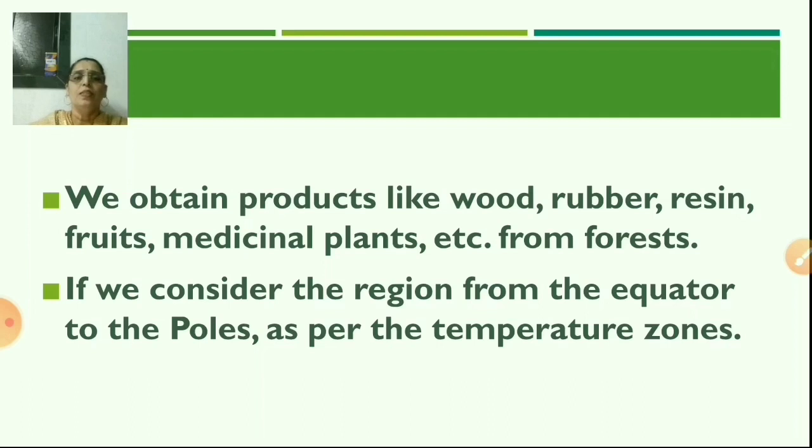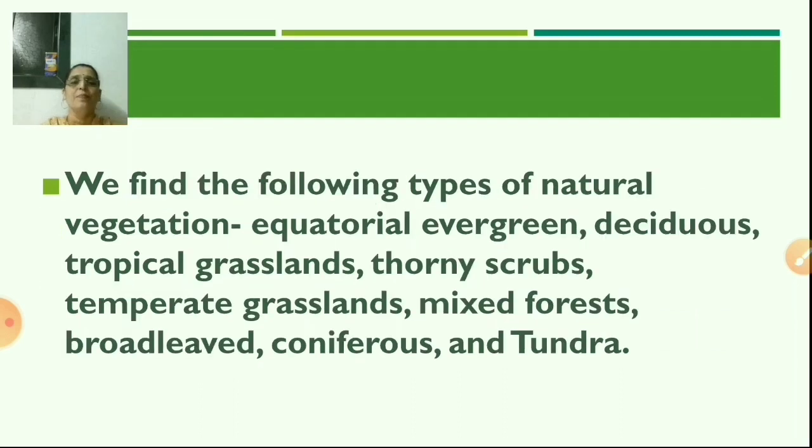This means students, the area between the Tropic of Cancer and the Arctic Circle, or between the Tropic of Capricorn and the Antarctic Circle, we obtain products like wood, rubber, resin, fruits, medicinal plants, etc. from forest.